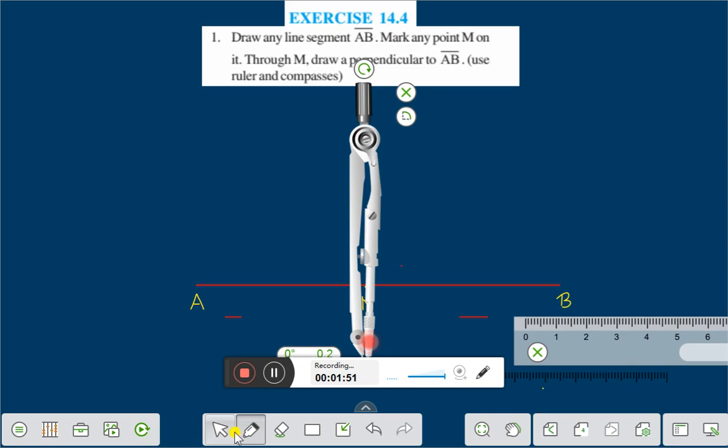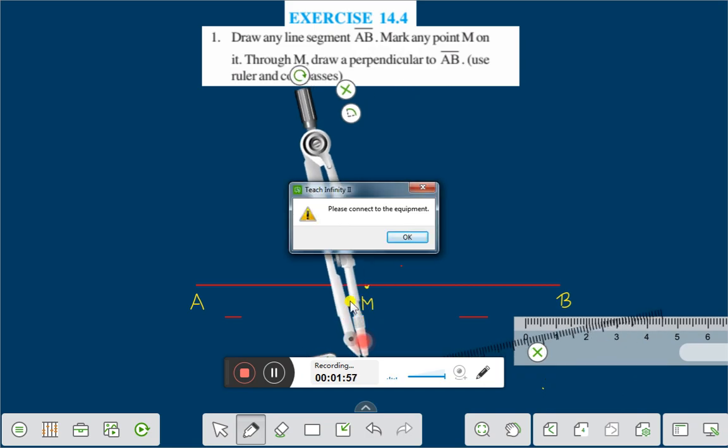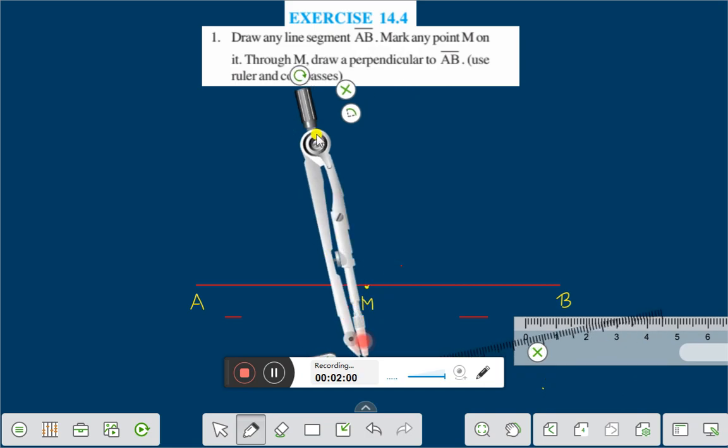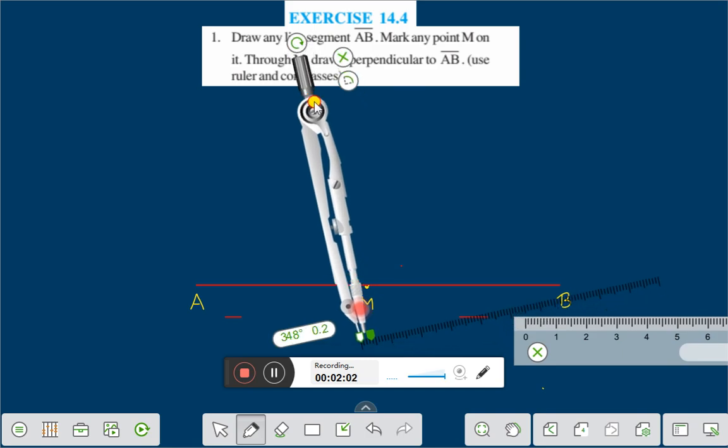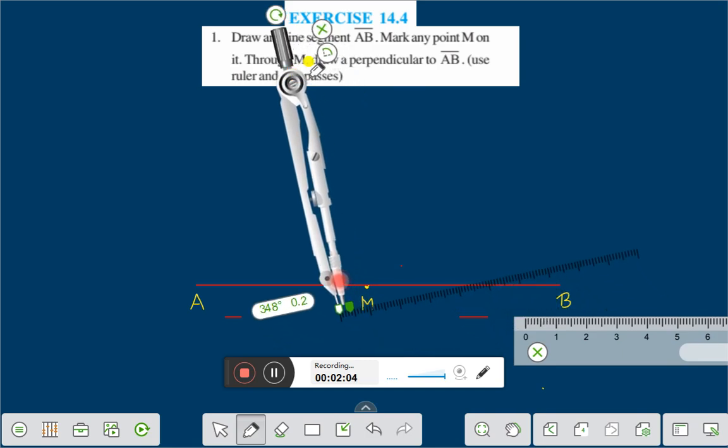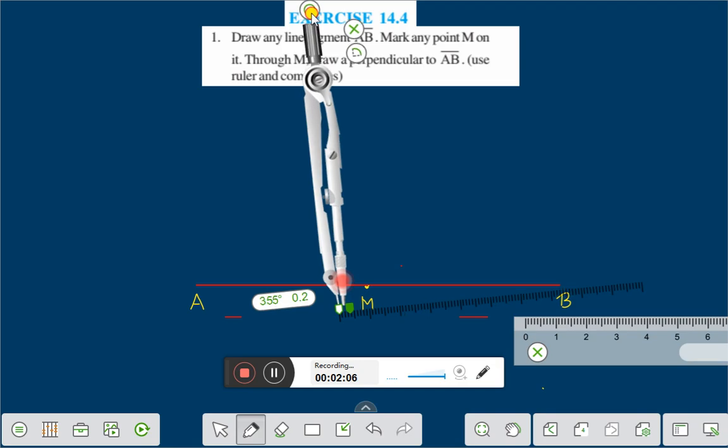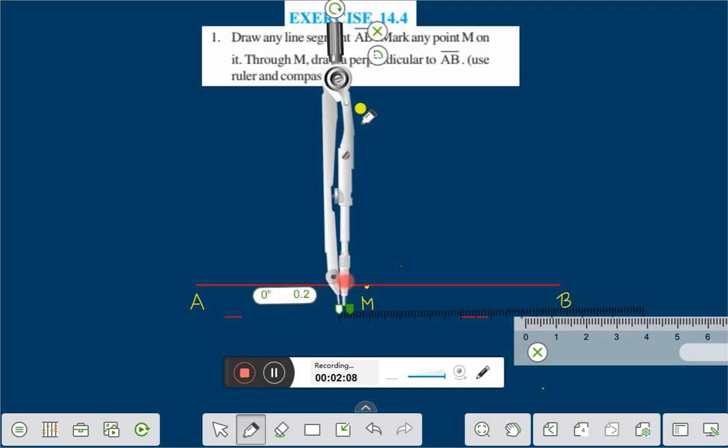Now what do we have to do? You have to take an arc, right? Let us take an arc here.